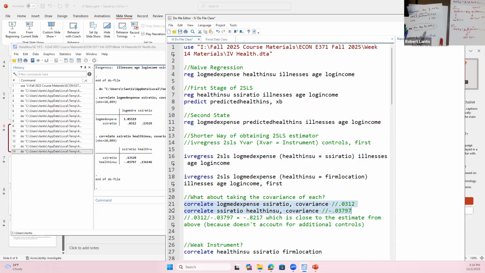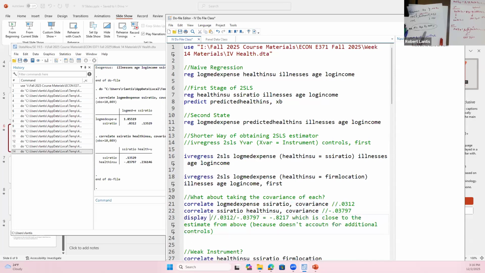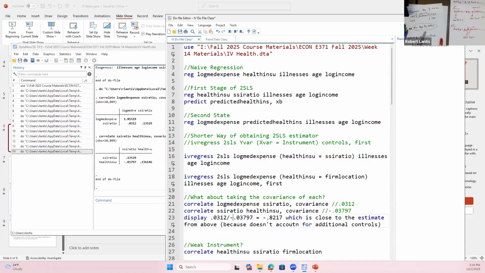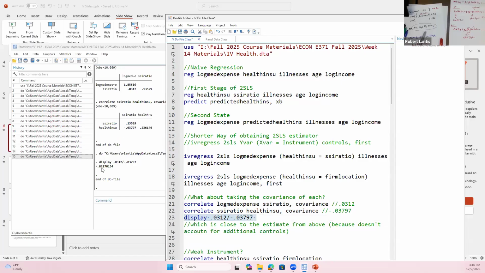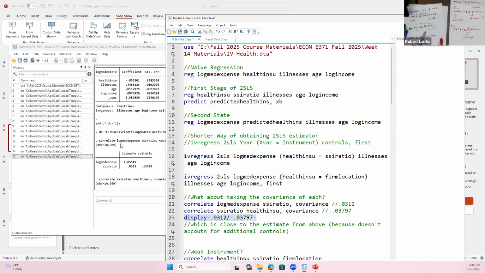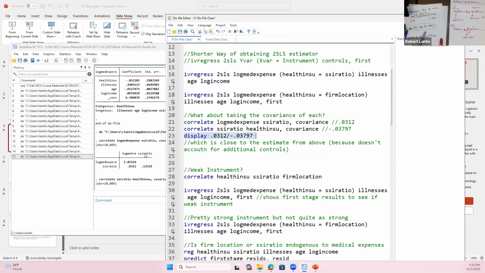If I take a ratio of these two, in fact, I can even use the display command, instead of having to type this out in a comment, right? I should be able to take those two. See, sure enough, we get negative 0.82, pretty close to negative 0.85.